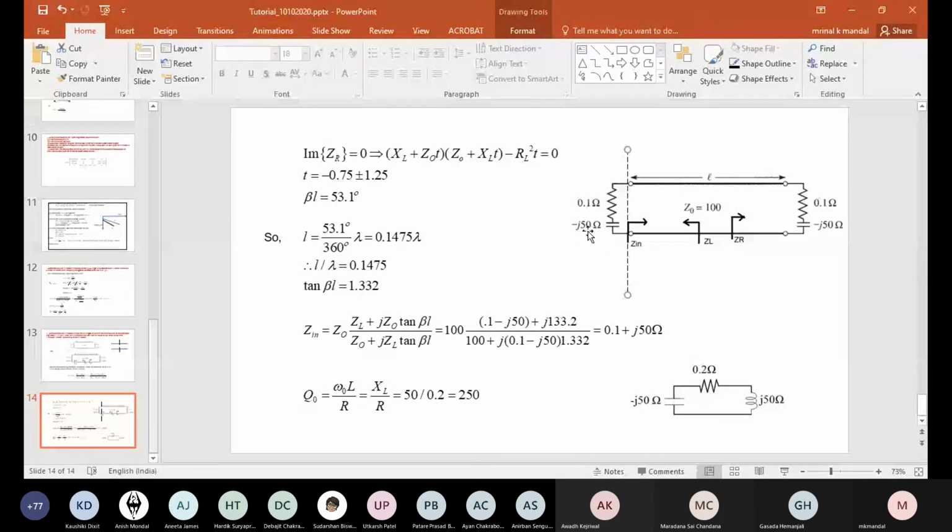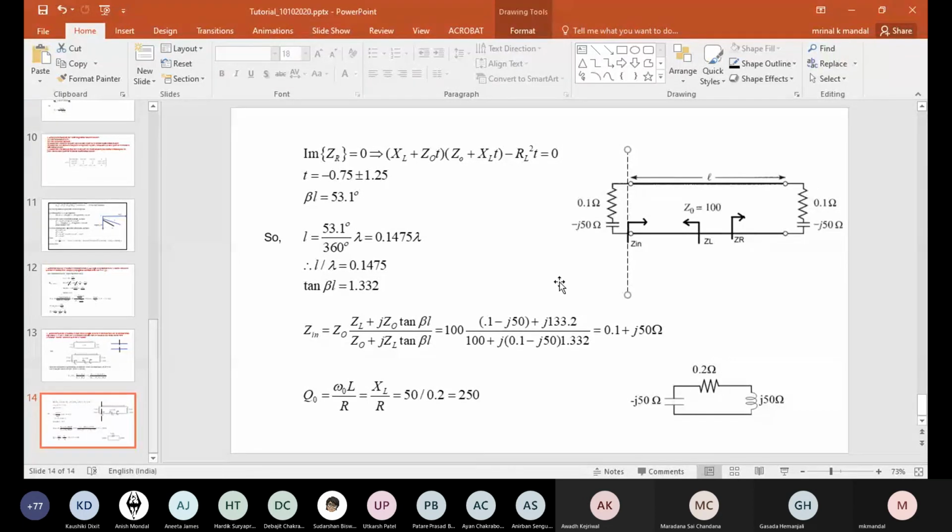Left side 0.1 and minus J50, and then right side 0.1 plus J50, together it is 0.2 ohm. Now you use the formula omega L by R. It provides you the unloaded quality factor. Is it fine?